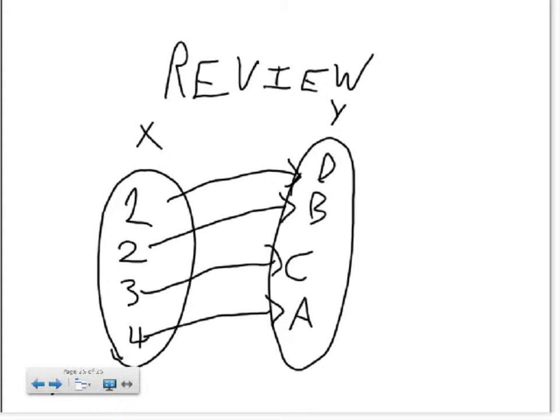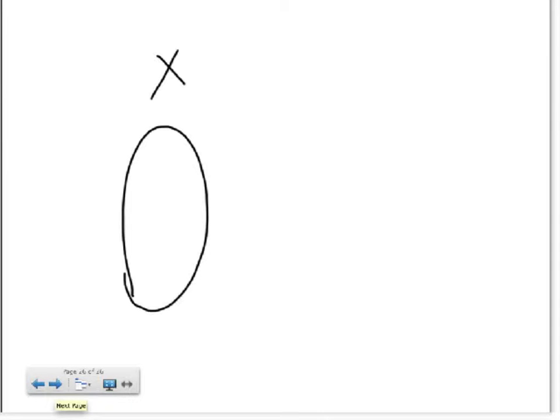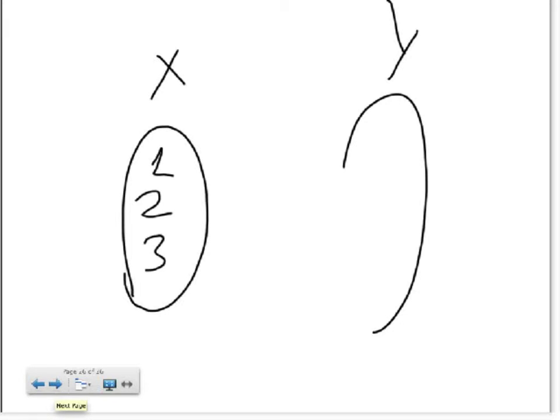However, now let's go over the injective. It could be injective but not surjective. So let's imagine we have our x and it has the values 1, 2, and 3. And then we have our codomain y, which again has our a, b, c, d.